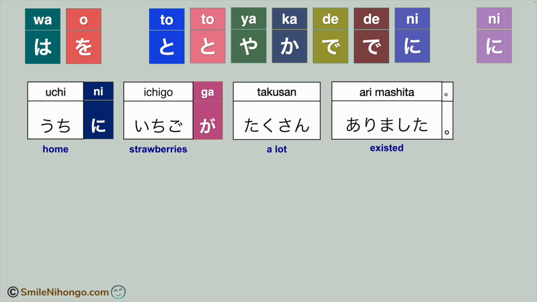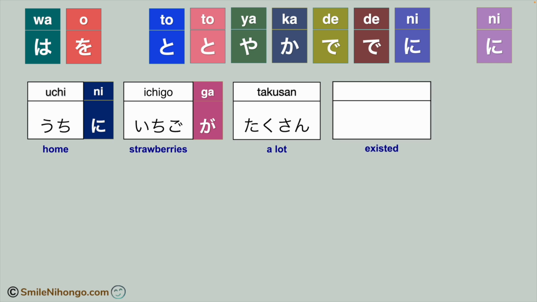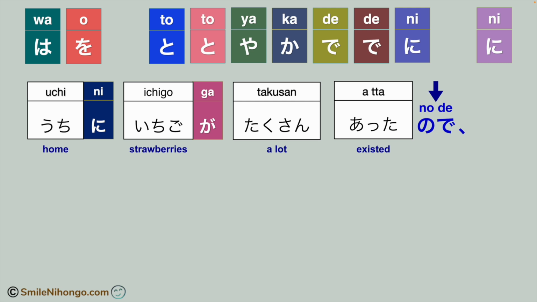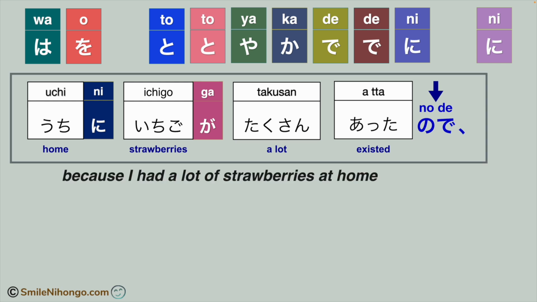Now I want to use this statement as a reason. うちにいちごがたくさんあったので。This ので marks a reason, and in Japanese, we add it after the reason statement. So this part means because I had a lot of strawberries at home.